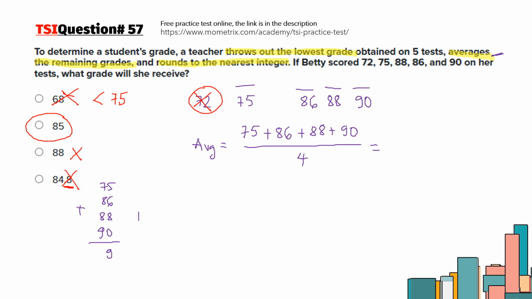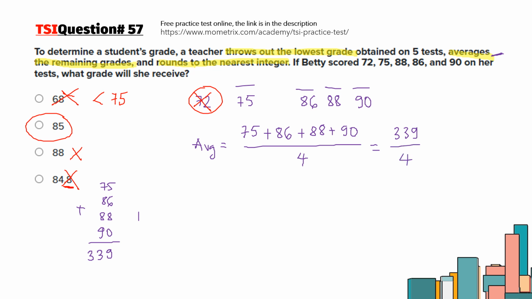Now we have 7 plus 8 is 15, 15 plus 8 is 23, 23 plus 9 is 32, and 32 with the remembered 1 is 33. So at the top it's going to be 339 over 4.